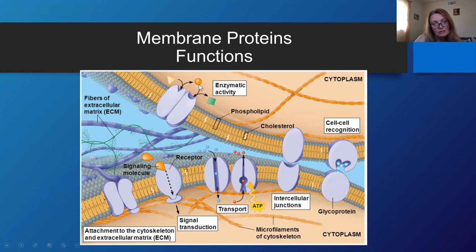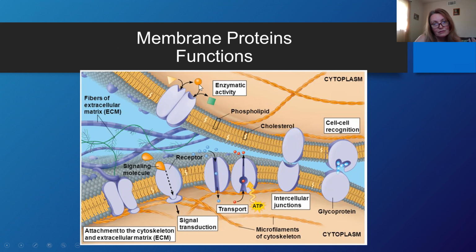So proteins can perform enzymatic function. They also can create junctions between your cells, like shown over here, so intracellular junction. We already mentioned that it can be glycoproteins, and then the function will be cell-to-cell recognition.